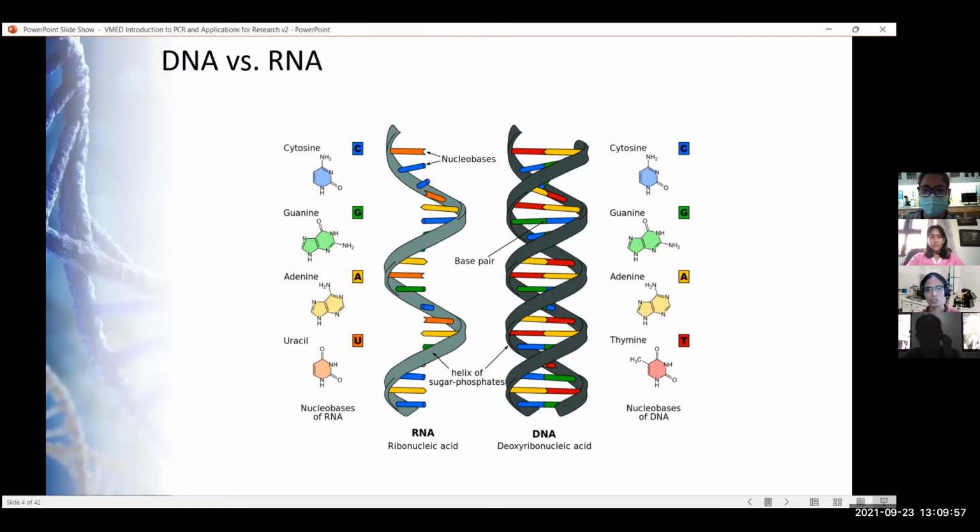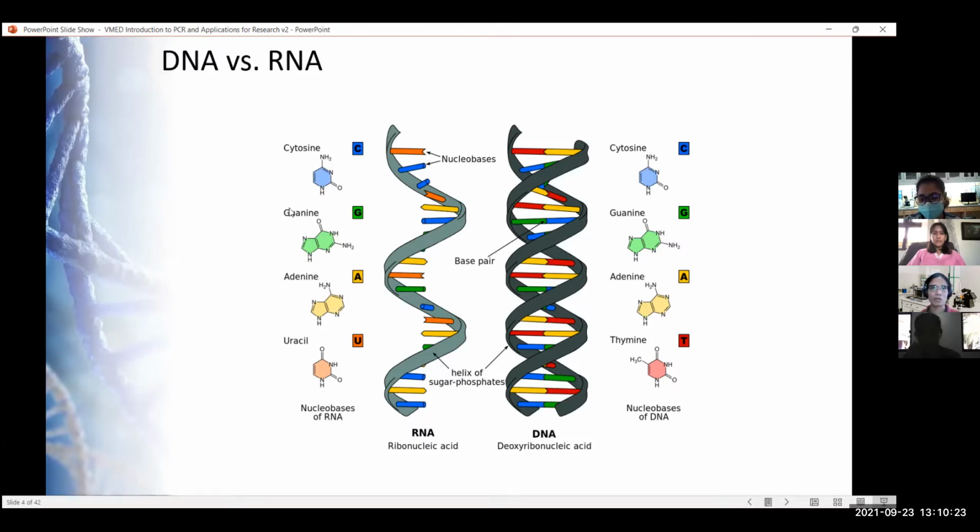So DNA is usually double-stranded, and RNA is usually single-stranded. So you'll see a lot of these later. Okay, so review lang. And the DNA is composed of, in general, 4 nucleotides. So cytosine, guanine, adenine, and thymine. While for the RNA, it's almost the same except that thymine is replaced by uracil.